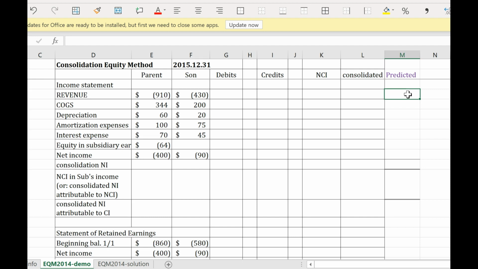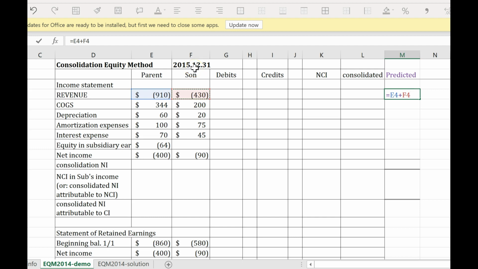So, for example, for revenue, how much revenue has the parent earned during the last year? It is basically the parent's revenue plus the subsidiary's revenue, because the subsidiary is controlled by the parent. So we need to add them all. And also, this is not the first year.